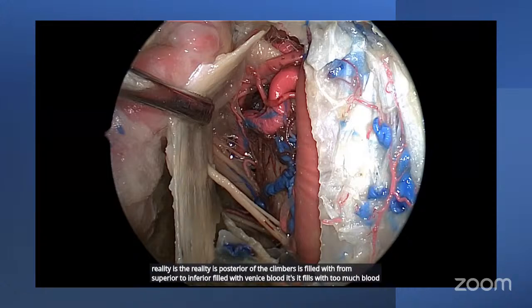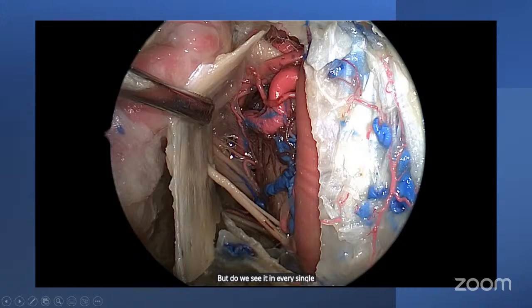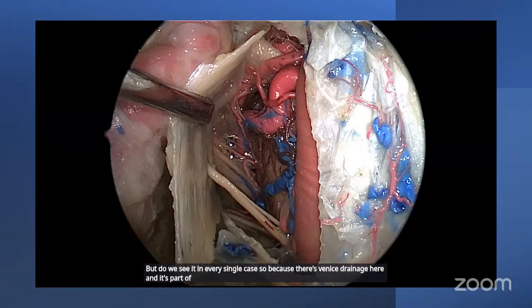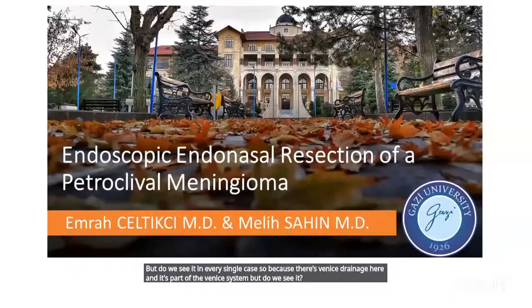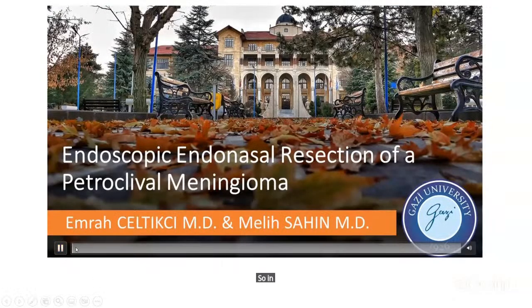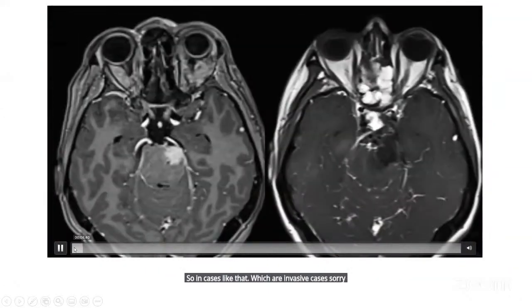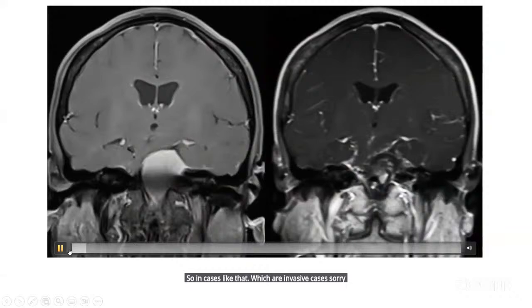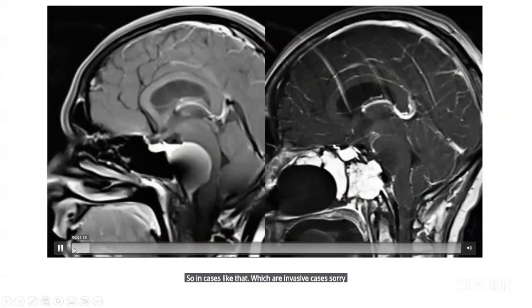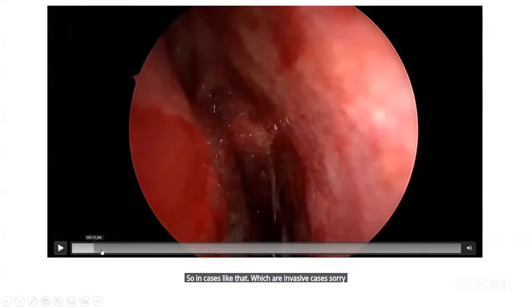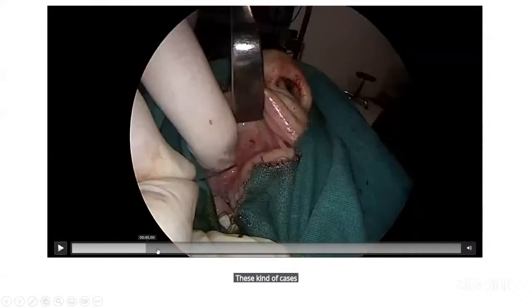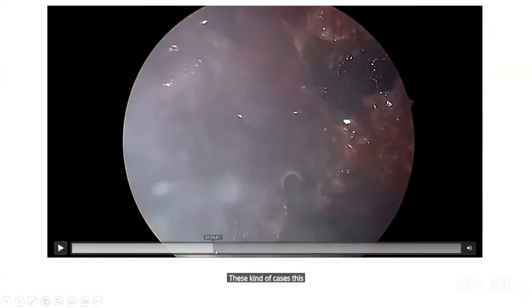But do we see it in every single case? Because there's venous drainage here and it's part of the venous system, but do we see it? In cases like that, which are invasive cases, I'll just fast forward a little.